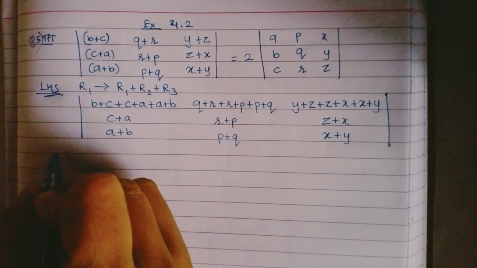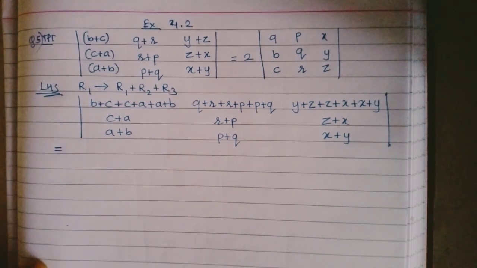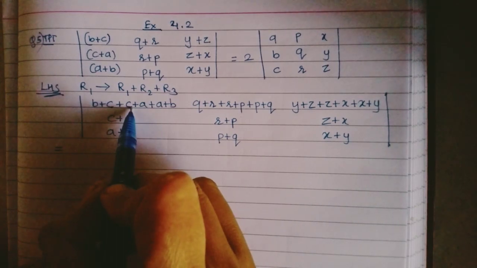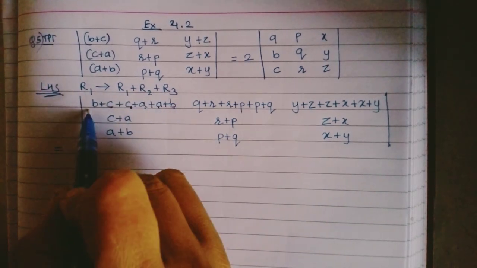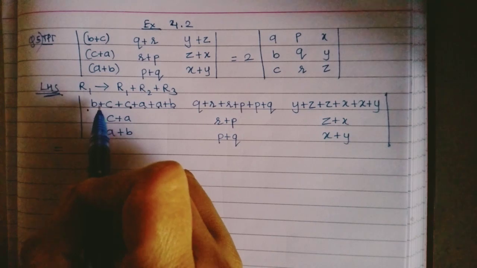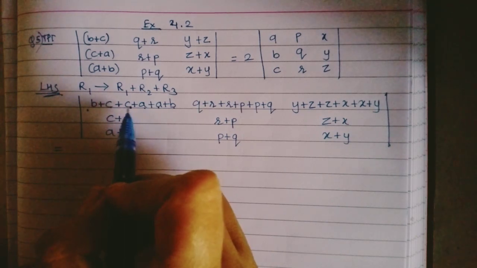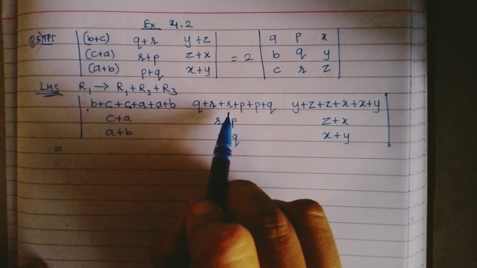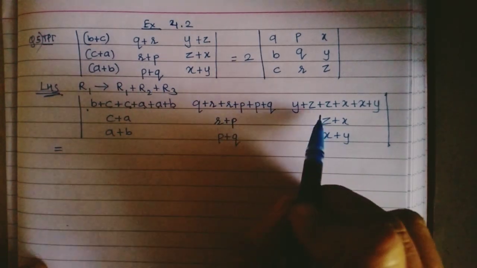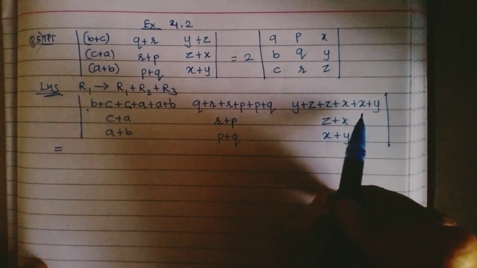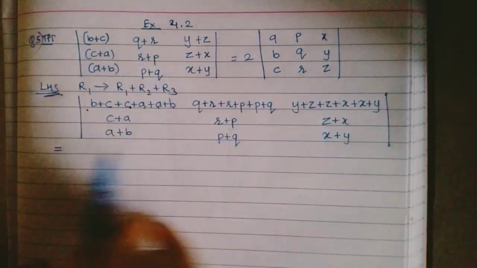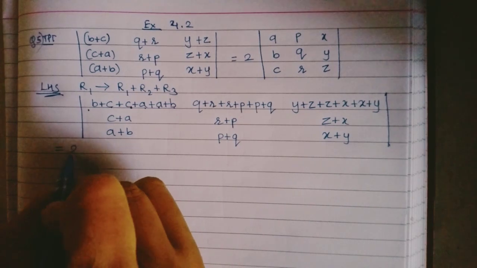Okay, so adding, you will get: here 2 times C is there, 2 times A is there and 2 times B is there. So you can write this as 2 times A plus B plus C, right? Here also 2 times P plus Q plus R. Here also 2 times X plus Z plus Y. So that 2 we can take out, that is from R1, right?